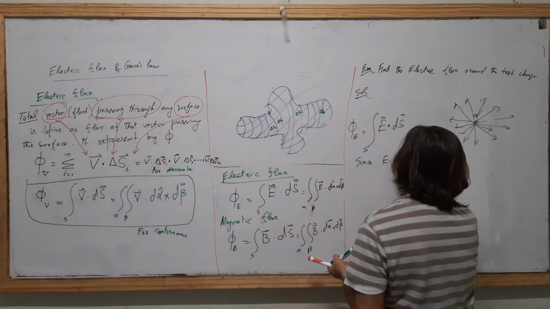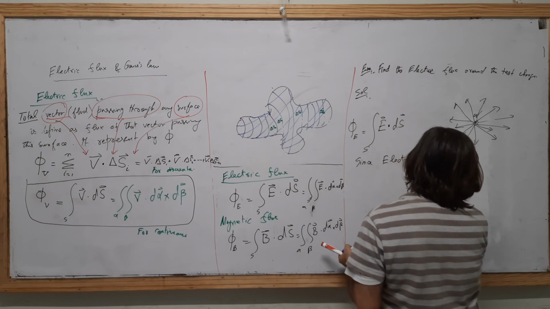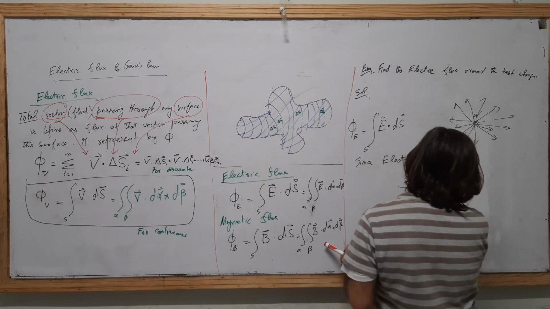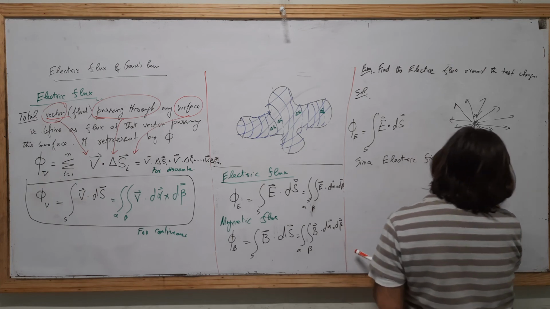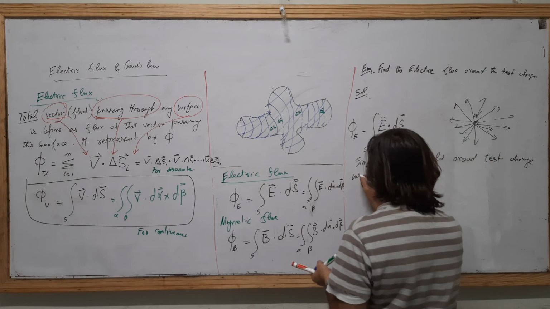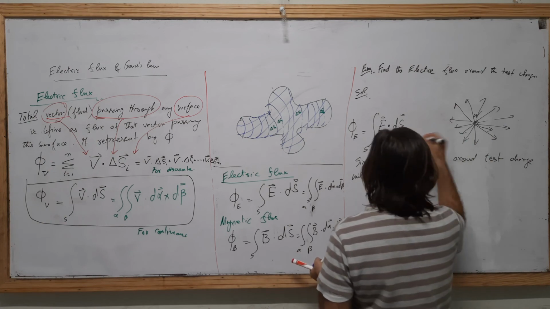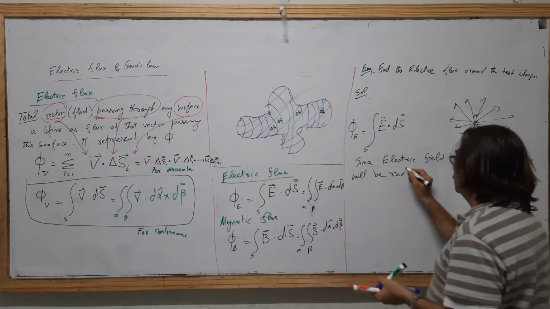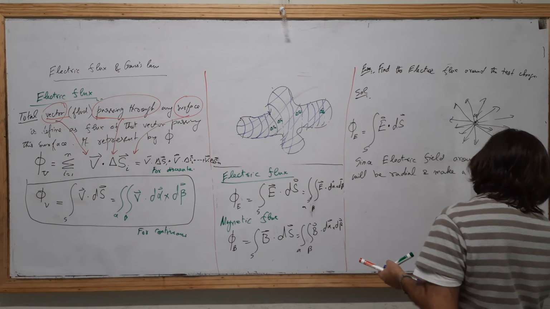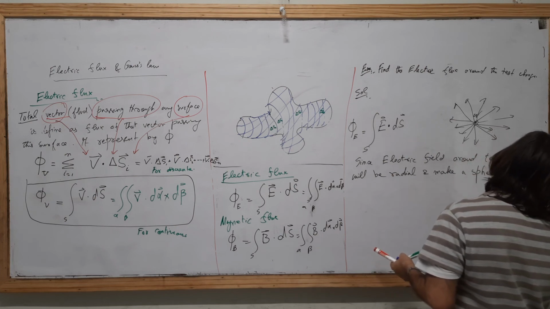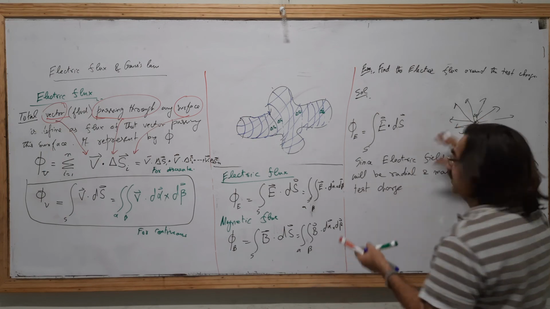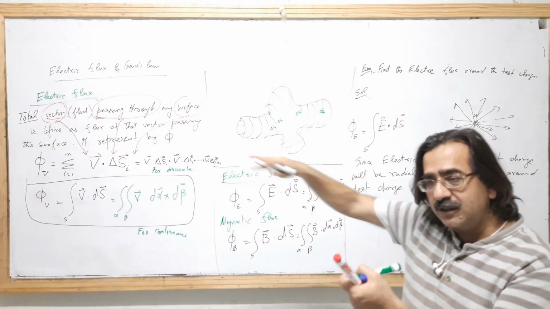Since the electric field around the test charge will be radial, meaning along these, it will be radial and make a sphere around the test charge. Meaning this will be radial in 3 dimensions, all angles.